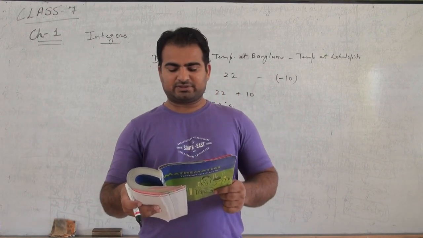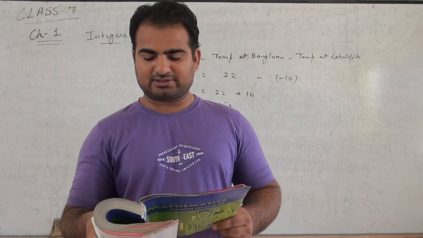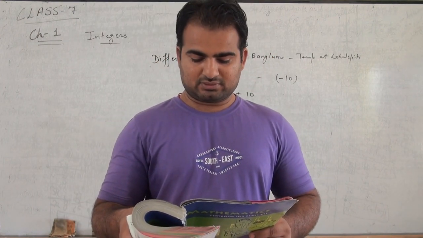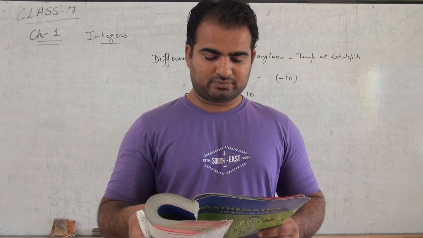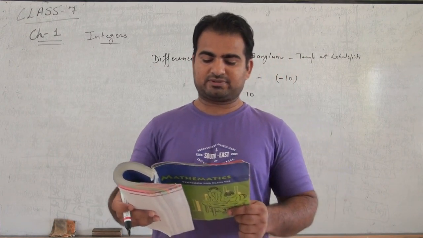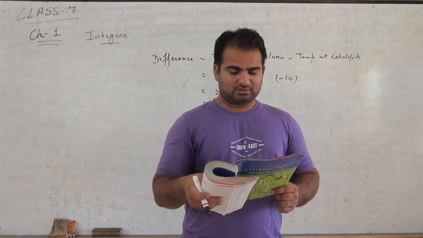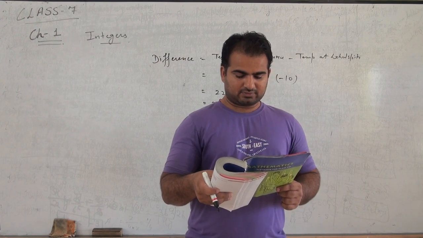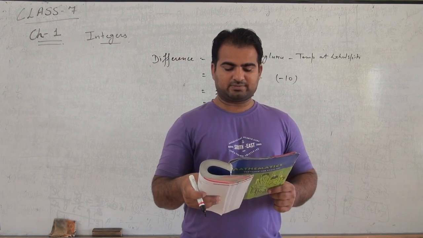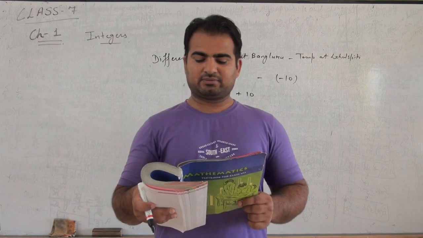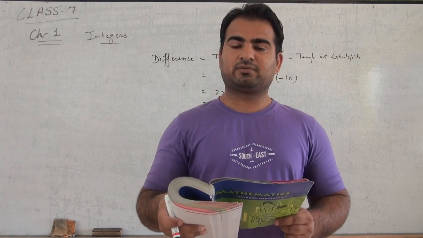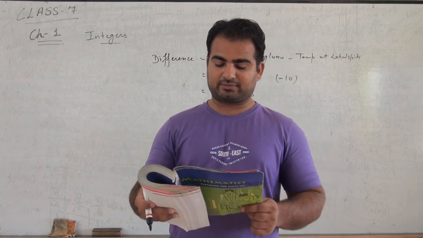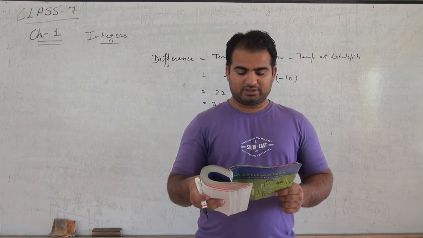Can we say that the temperature of Srinagar and Shimla taken together is less than that of the temperature at Shimla? The temperature of Srinagar is minus 5 and Shimla is 5. What is minus 5 plus 5? It will be 0.